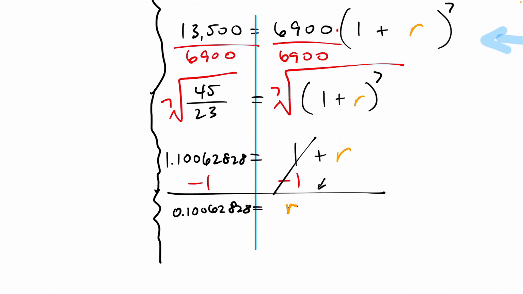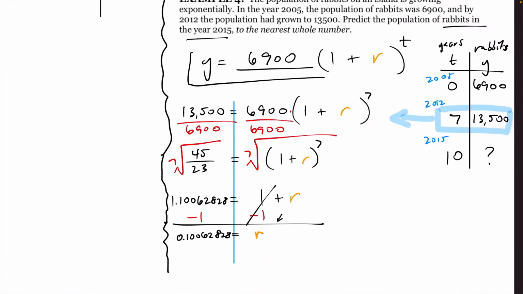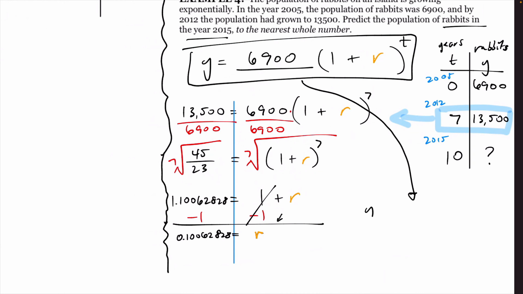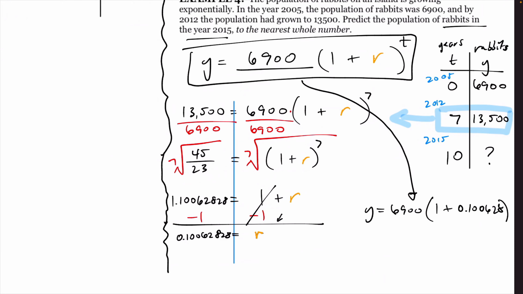Okay. Is that my answer? Is that how many rabbits there are going to be in 2015? No. So what I have to do is bring down this guy here, 6,900. Now I know what R was. R was 0.10062.